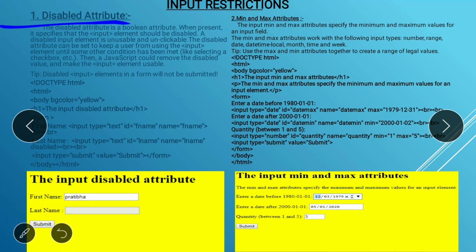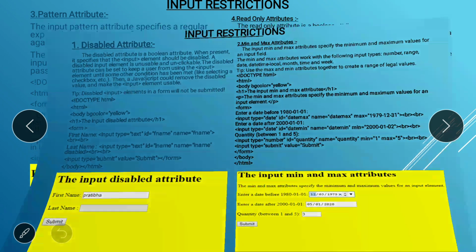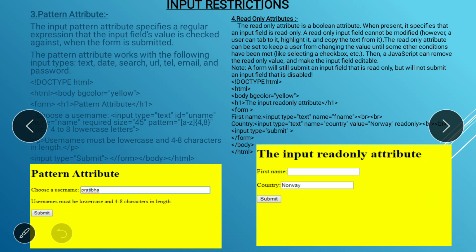Here the control is set as disabled, means user cannot enter in that control where we set this attribute, right? Next is the min max attribute, which we already discussed and already used in our programs. Here you can set the minimum and maximum value.